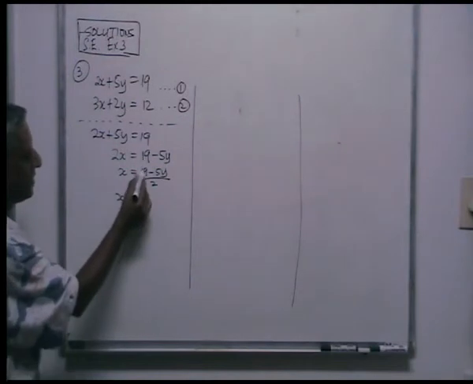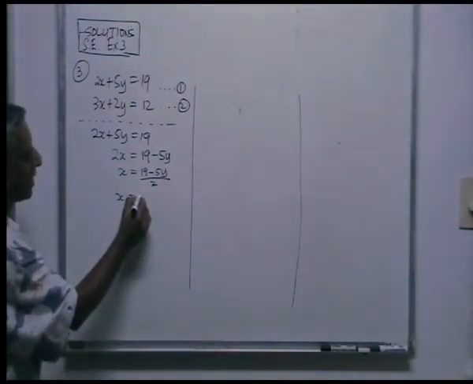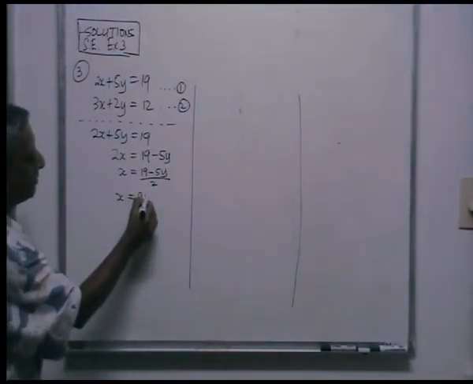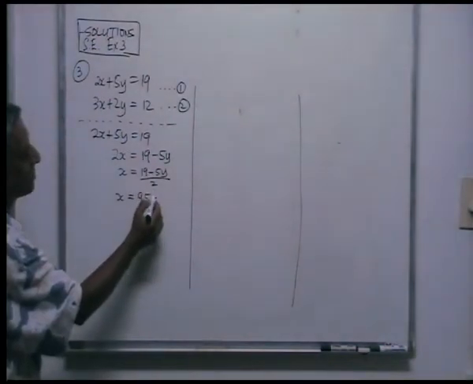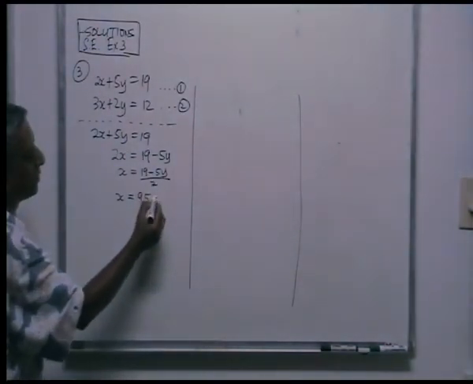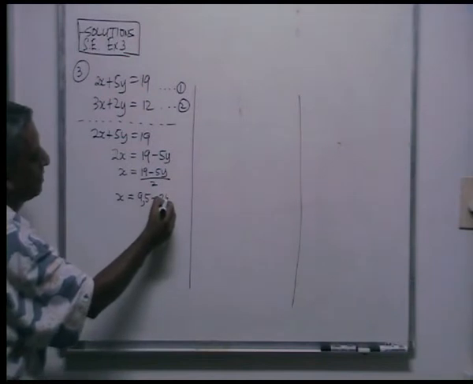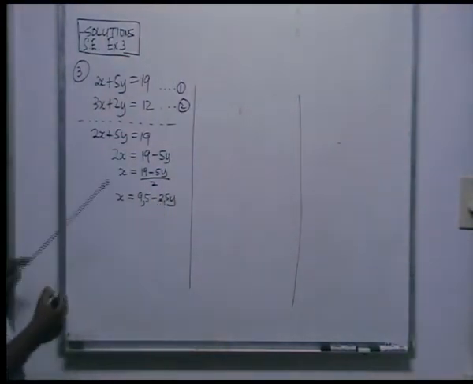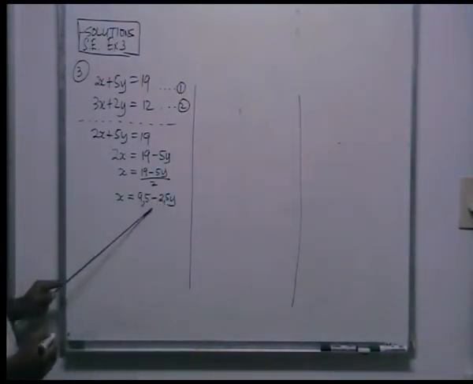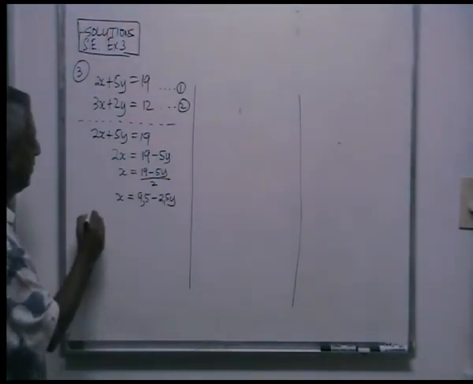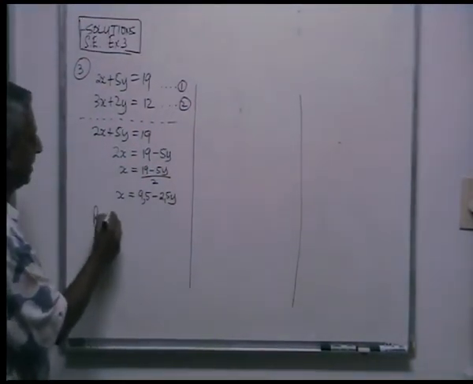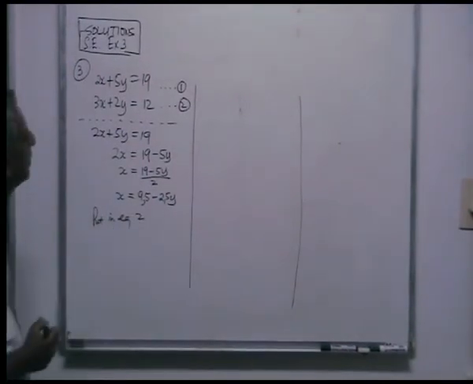So x is equal to 19 divided by 2, which is 9,5, minus 5 divided by 2, 2,5y. So x is equal to 9,5 minus 2,5y. You can do this, or you can keep it like that, whichever way you like. And so this is what we're going to put in equation 2.